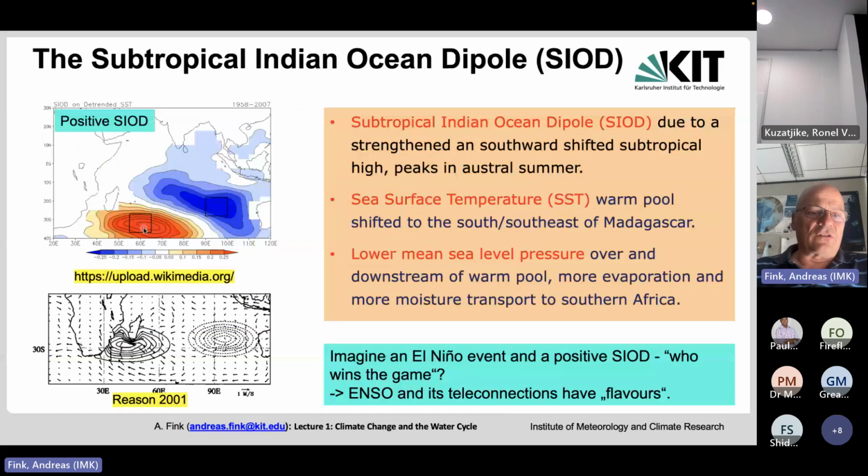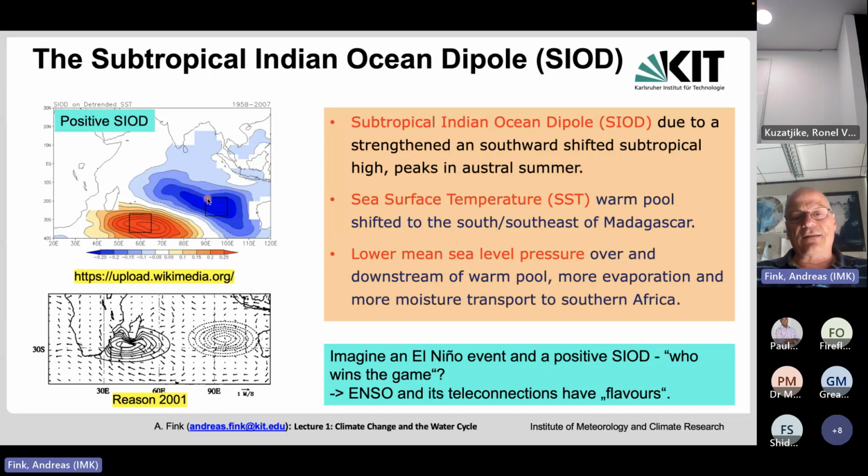Next, I'm going to the subtropical Indian Ocean dipole. You see here on the top left the sea surface temperature anomalies associated with a positive subtropical Indian Ocean dipole. So you see warmer water temperatures southeast of Madagascar, and it's colder in this part.